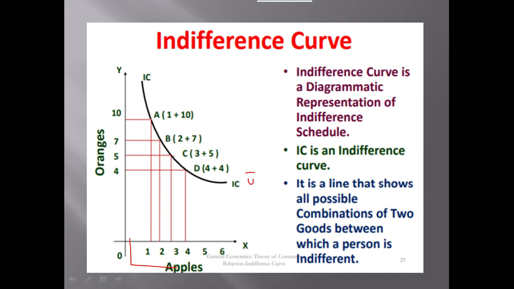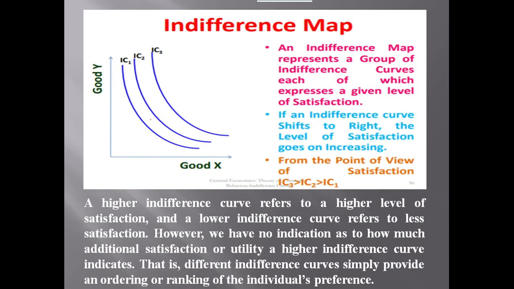Previously we have seen the indifference schedule. An indifference map represents a group of indifference curves, each of which expresses a given level of satisfaction.